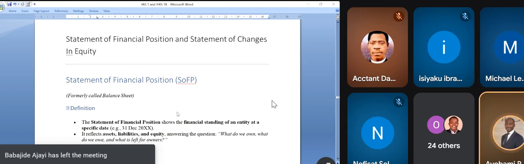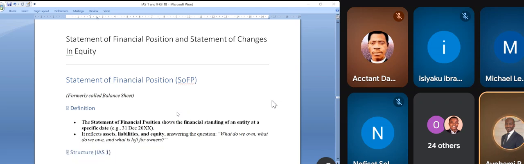So what do they hold? And what is left for the owners? So that is exactly what a statement of financial position is. It is a fact and figure sheet that gives users of financial statements exactly the true position, the view of an entity. That is that for that.